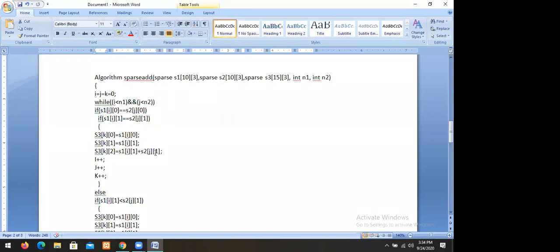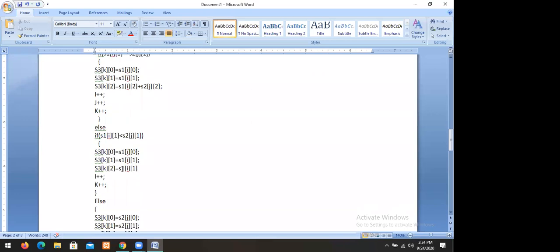The non-zero term is the second column value. We copy the row number and column number, add the non-zero terms, and increment the 3 counters. Else, the rows are equal but the columns are not equal.